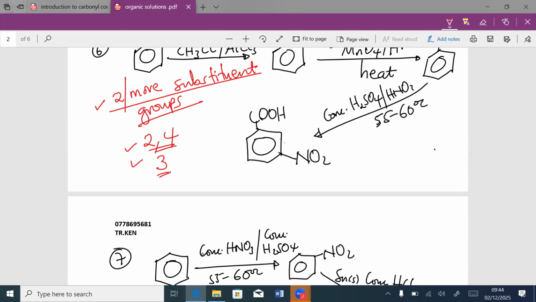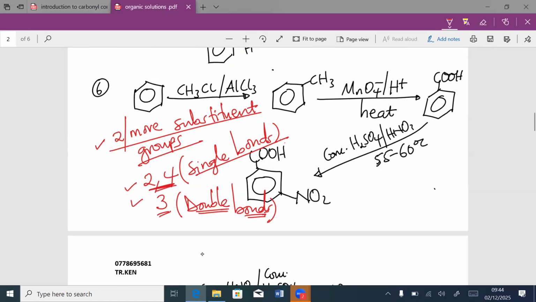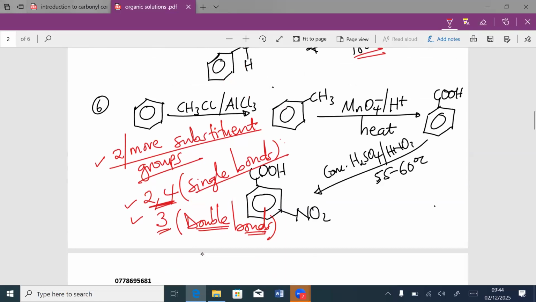We say the groups that have double bonds in them are the ones that are 3 directing. Then the groups that have single bonds only are the ones that are 2,4 directing.